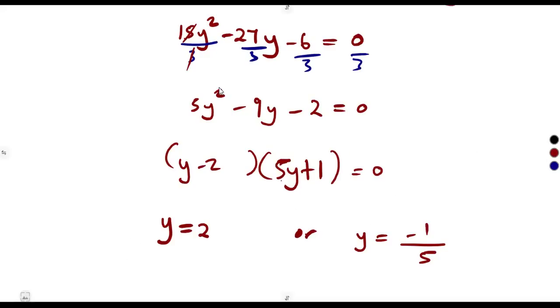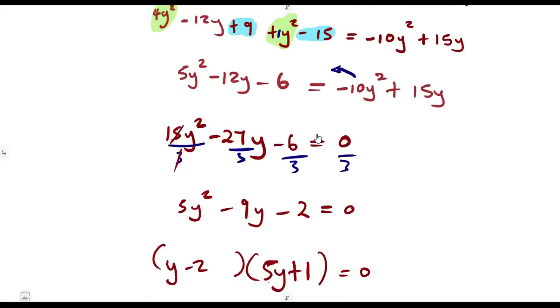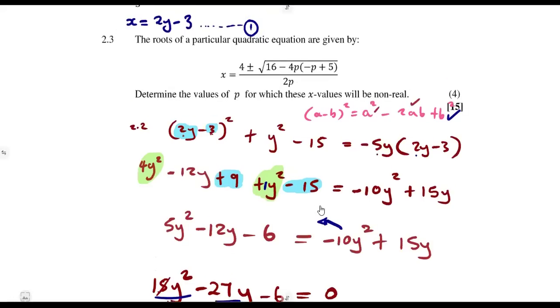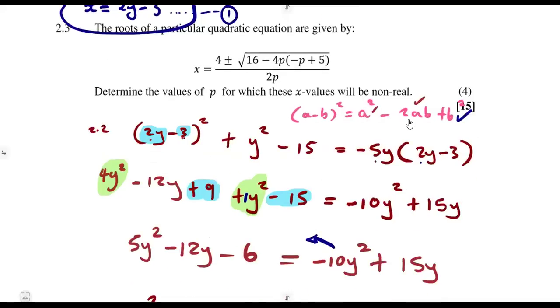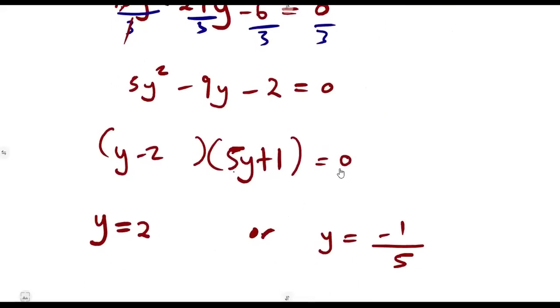These are the values of y that we're obtaining. Since we are dealing with a quadratic equation, we know that we're going to have two possible values of y. Substitute into the equation where x is the subject. Here, x is equal to 2y minus 3. Remember that.